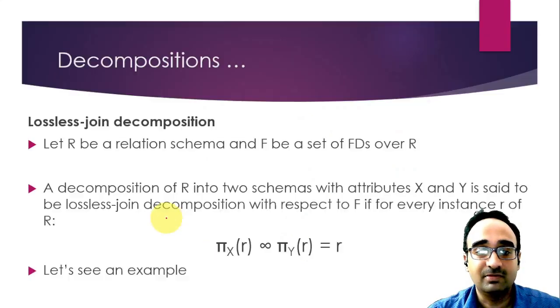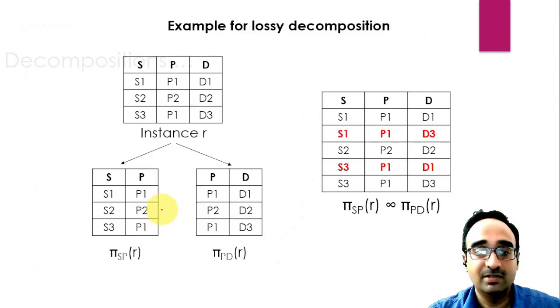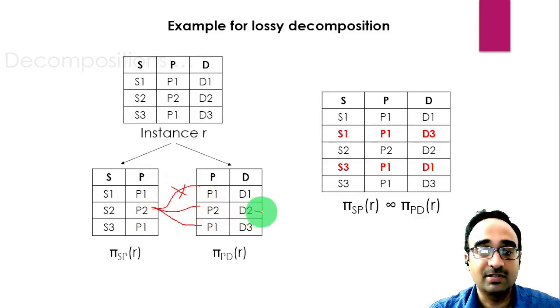Fine. Now similarly take the second row and do the cross product. Again check for same values: P2, P1, so ignore this; P2, P2, yes, so S2, P2, D2 will be there. Now P2, P1, so this is ignored.